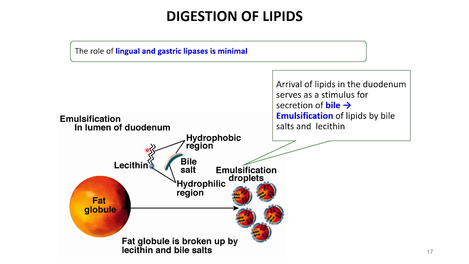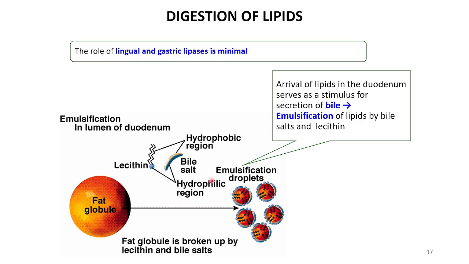Both lecithin and bile salts are amphipathic. They have both hydrophobic and hydrophilic portions. That's why they surround the fat in such a way that their hydrophobic parts face the fat and their hydrophilic parts face the water phase.